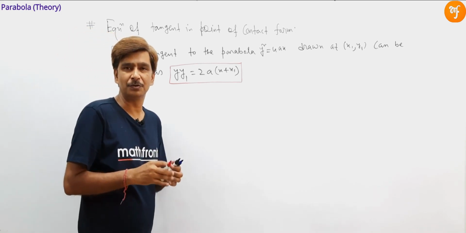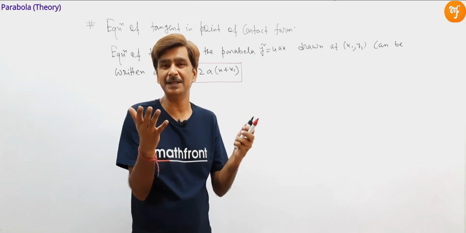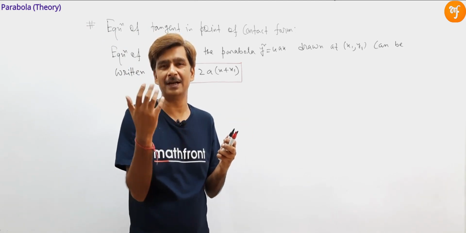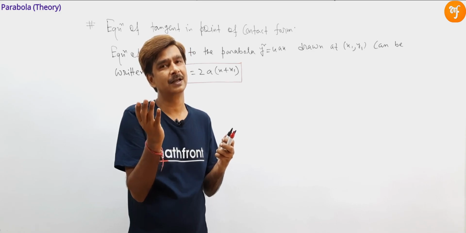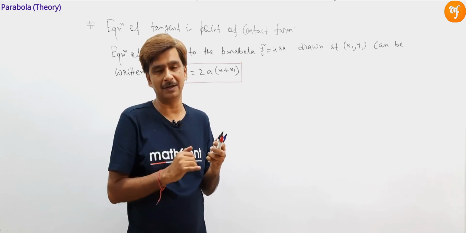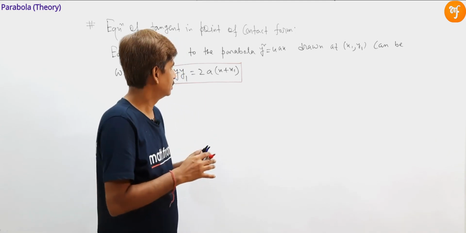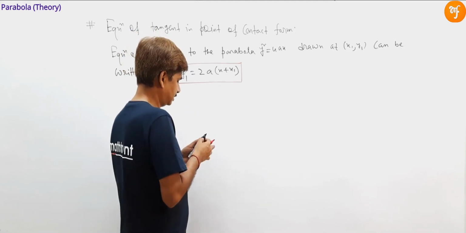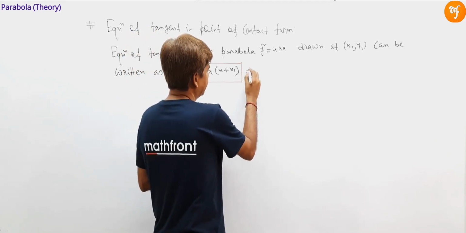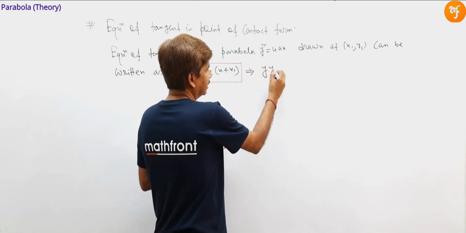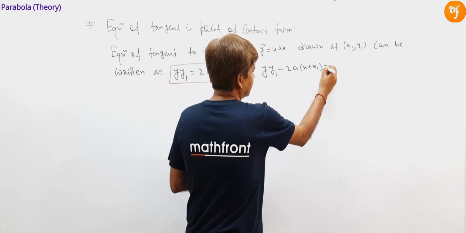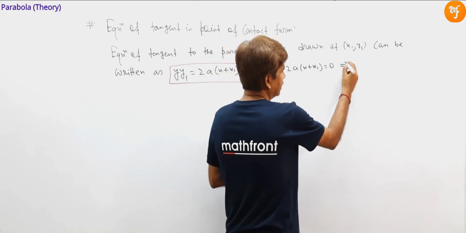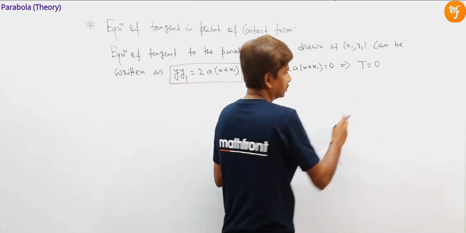This form is also known as what? Capital T is equal to 0. We already learned about this form in the study of equation of tangent to the circle also. So this is also known as y y1 minus 2a into x plus x1 is equal to 0, or you can say capital T is equal to 0.